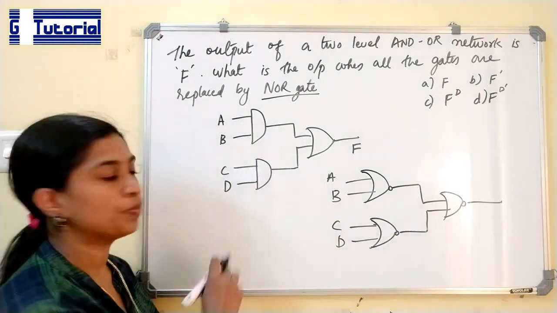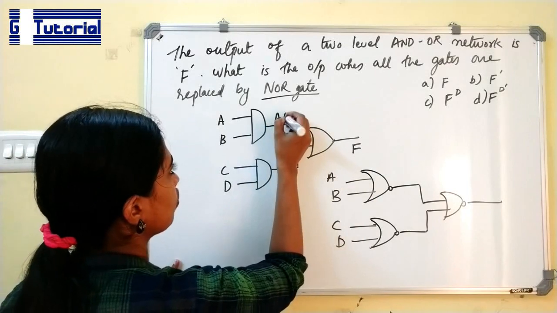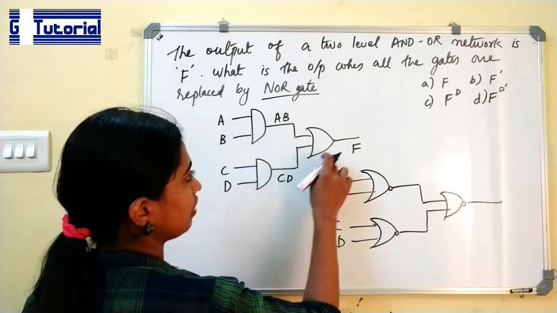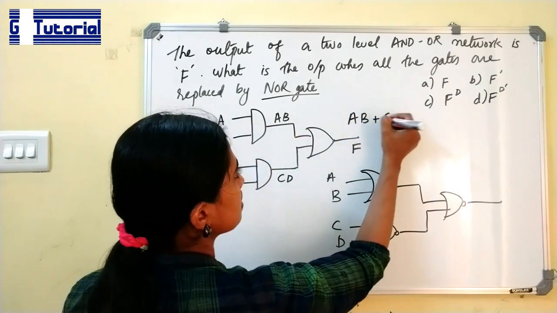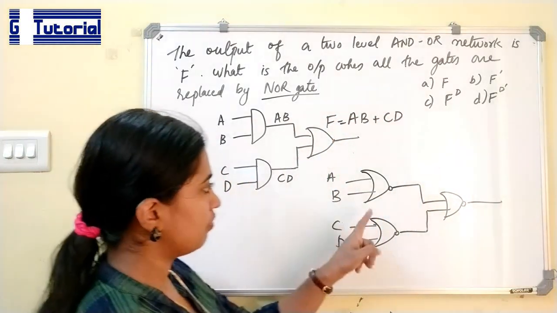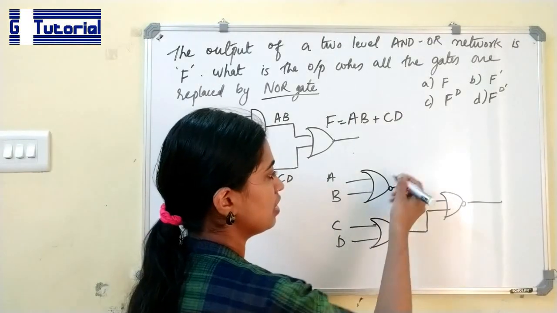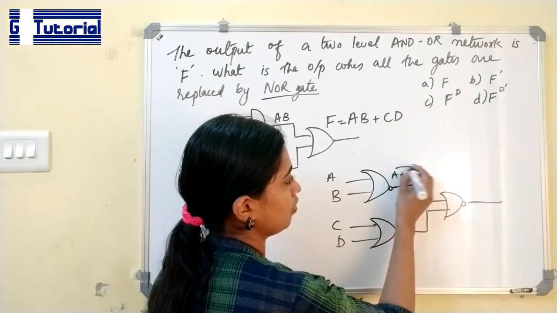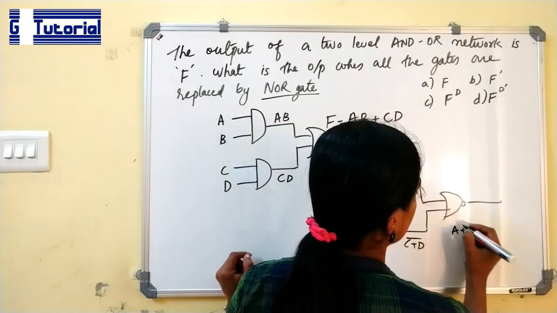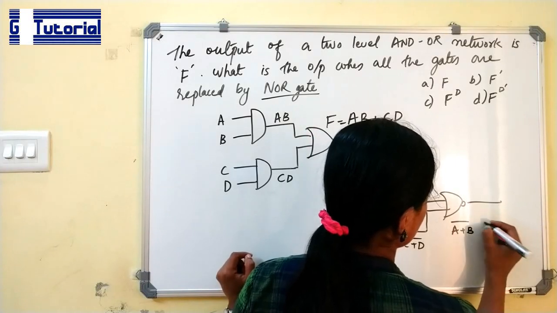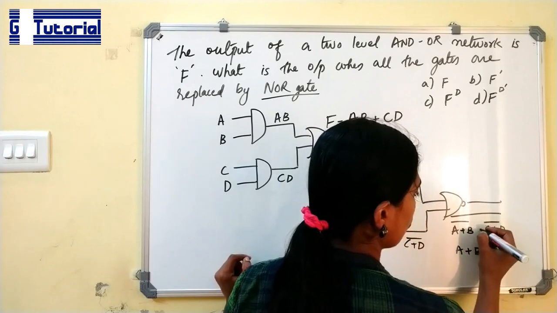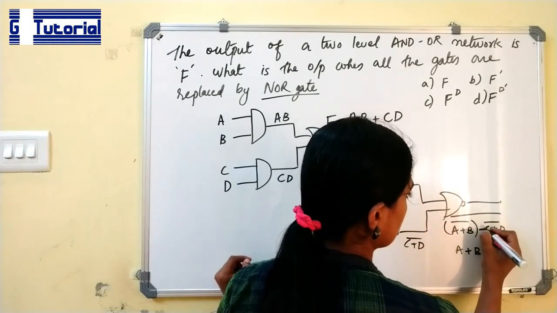So first let us find the output F. This is an AND gate, so output is AB, and this is again an OR gate, and if we are ORing this, the output is AB plus C. F is equal to AB plus C. If we are using NOR gates instead, the output is ((A plus B)' plus (C plus D)')'... A plus B double bar is A plus B. Complement of OR is AND.